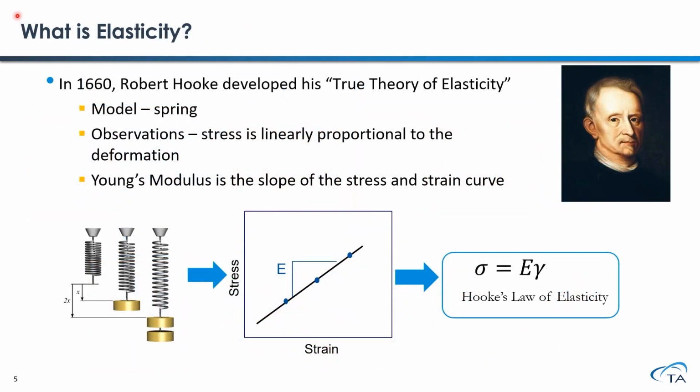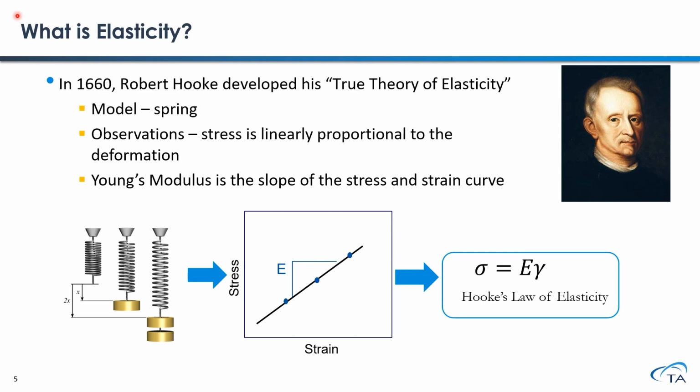Then, how do we quantitatively describe a material's elasticity, viscosity, or viscoelasticity? Many years ago, there was a scientist named Robert Hooke. He was the first scientist who developed the theory of elasticity. The model Hooke used was a spring.